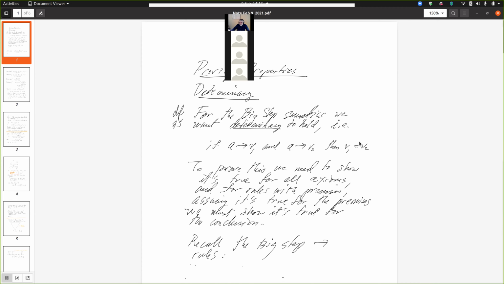So determinacy says, look, if you run A and you get V1, and then you run A and you get V2, then V1 better be equal to V2. So in other words, the evaluation defined by this arrow relation is deterministic. It only gives you one answer.